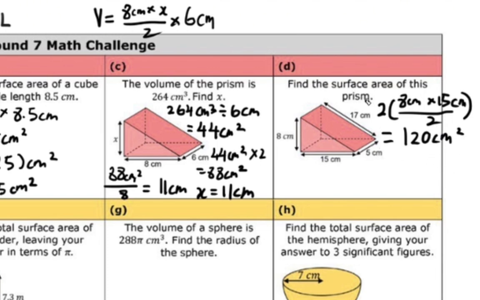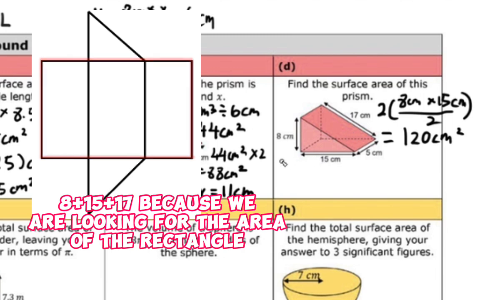And now I will be adding 8 cm plus 15 cm plus 7 cm, which would equal to 40 cm.